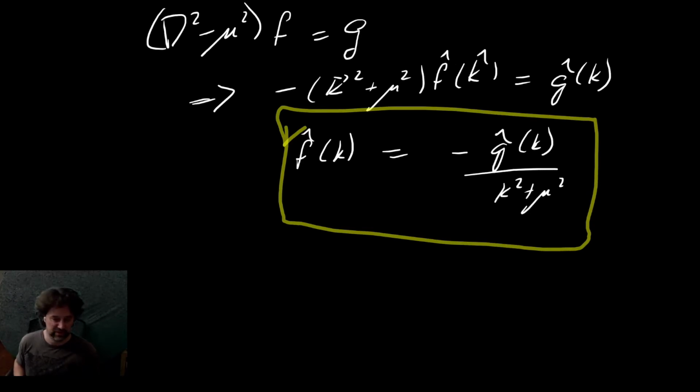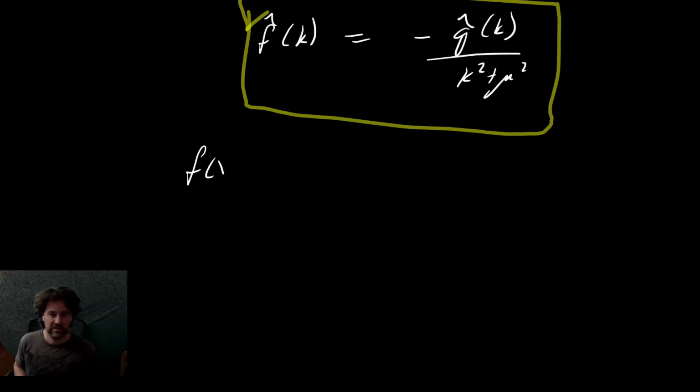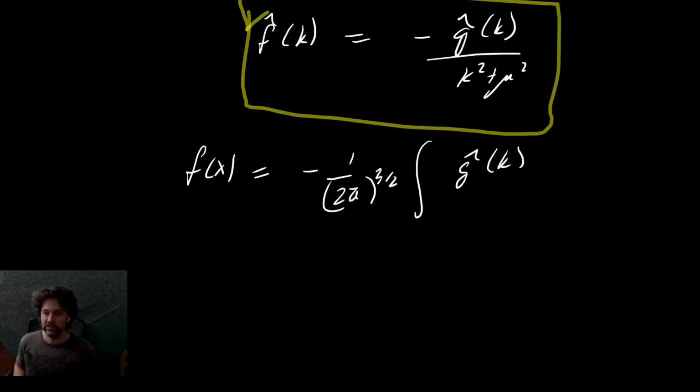So let's try that. So in position space, we have f of x is minus 1 over 2 pi 3/2 of the integral of g hat k e to the minus i k dot x d3k over k squared plus mu squared.